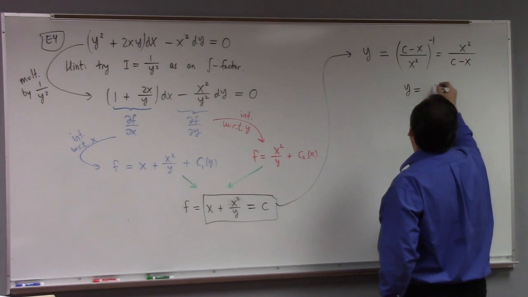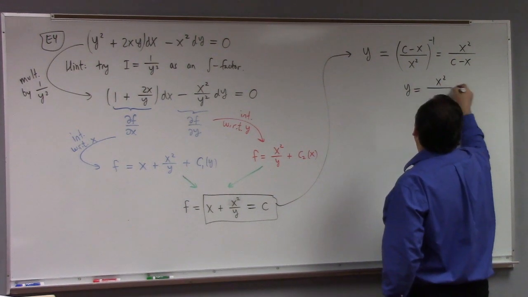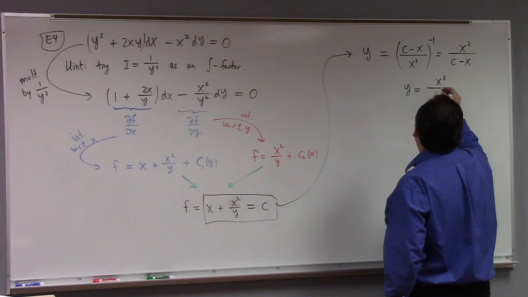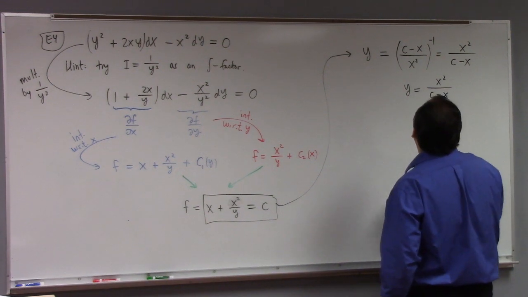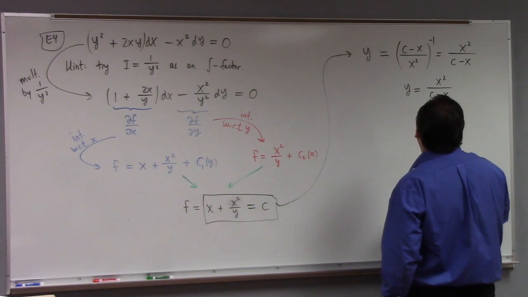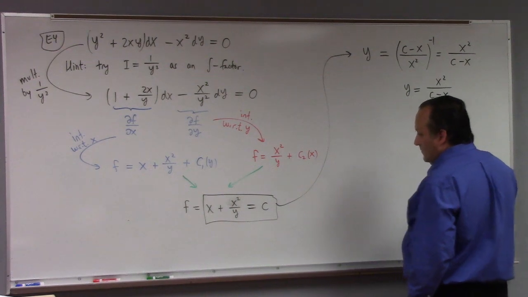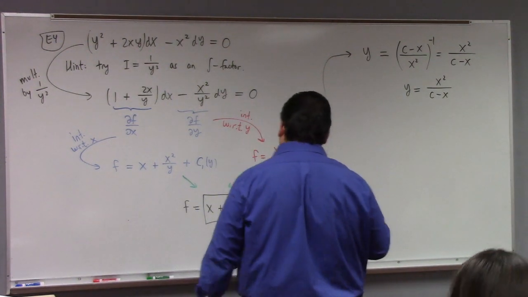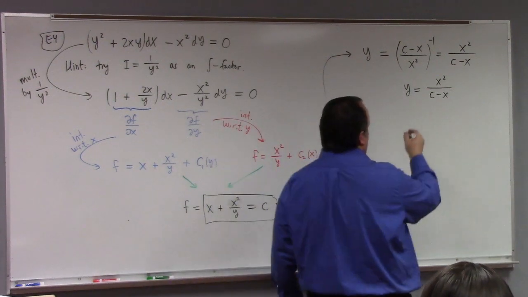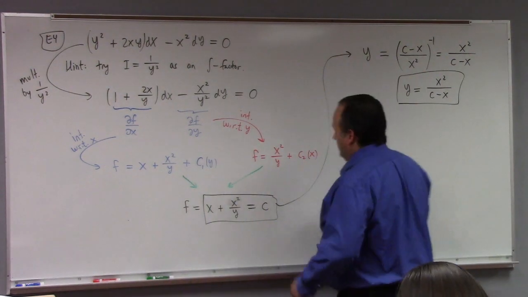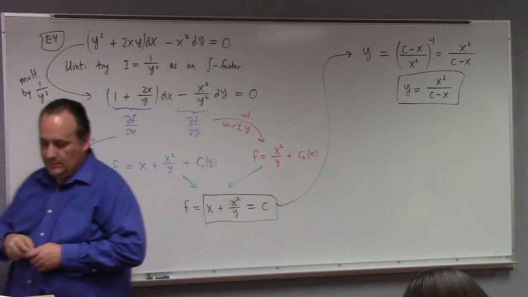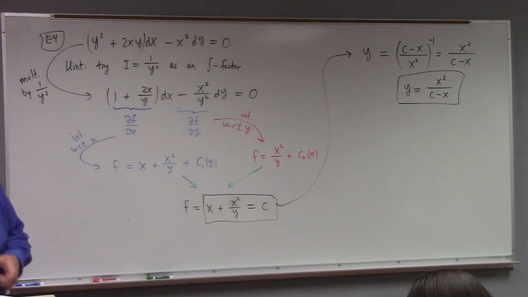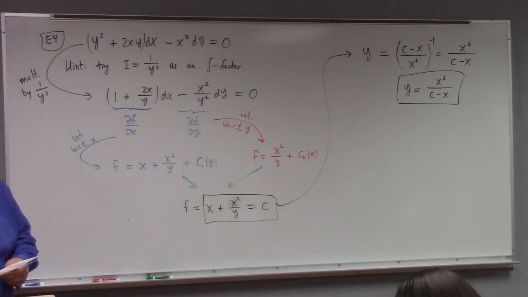There's the explicit solution, x squared over c minus x. Subtract x to the other side, flip it, multiply it. Anyway, if I'm wrong, let me know. But it's just algebra. It's how I was raised.